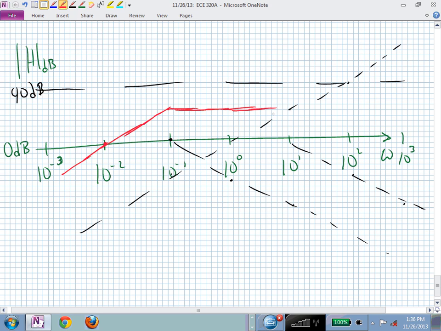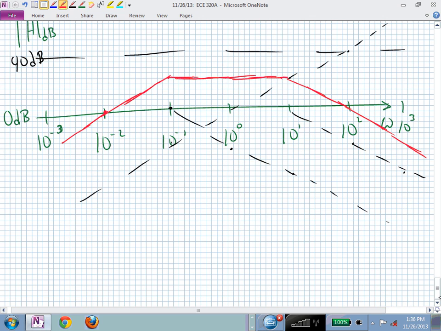I'm flat until I reach the next slope change, which is that last pole, and now I'm down 20 dB per decade, and there's my magnitude plot. A bandpass filter is what I've created by that transfer function. Are there questions on that? Did I do it properly?